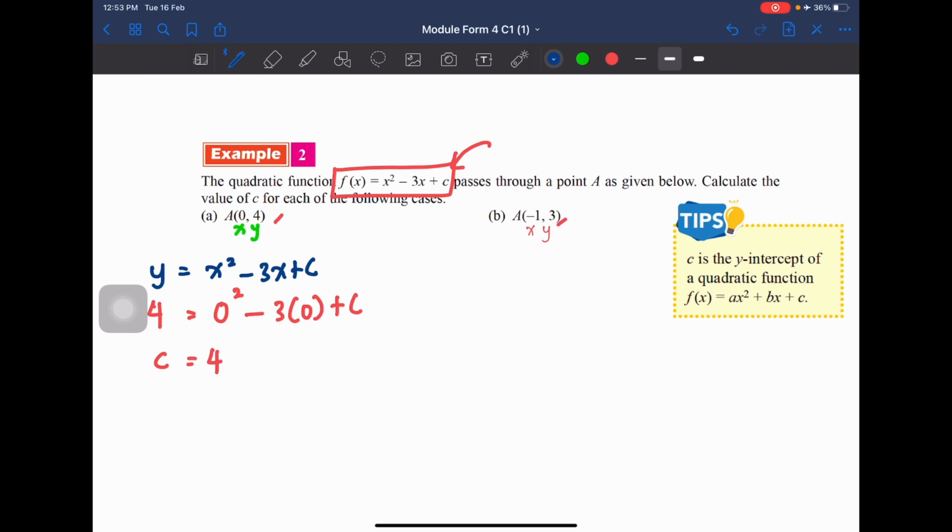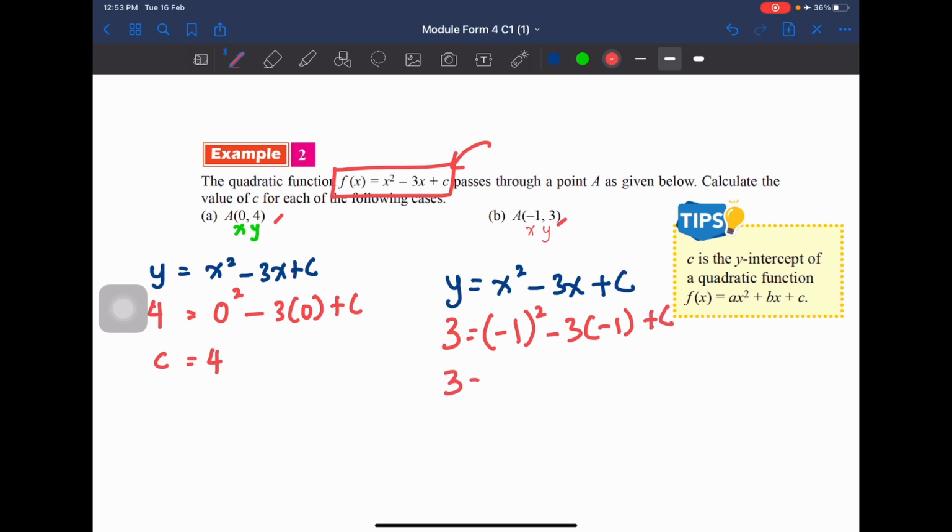Sama juga, kita substitute masuk y equals to x square minus 3x plus C. So y is 3 equals to, kalau ada negatif pastikan letak dalam bracket, negative 1 square minus 3 times negative 1 plus C. Negative 1 square is 1, negative 3 times negative 1 akan dapat positive 3 plus C. So C is equals to 3 minus 3 minus 1. So your answer C is equals to negative 1.